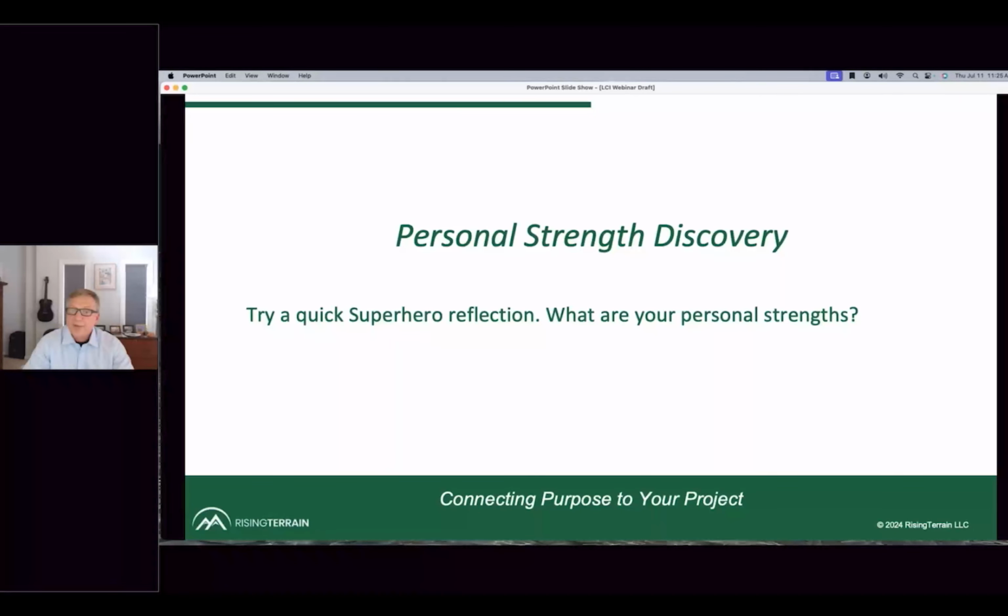With that, I'm going to invite you to do a quick superhero reflection. You obviously don't have to, but if some of you would be willing to throw your answers into the question box, Eileen or I will read some of them out, because I think it's a pretty interesting exercise. So think about a favorite superhero and the human qualities that appeal to you.